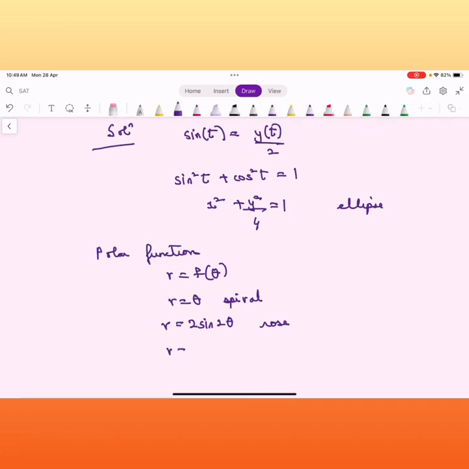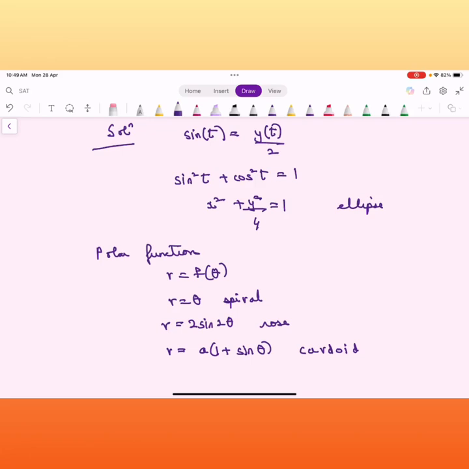If I say r equal to a into 1 plus sine theta, this will be the polar equation of a cardioid. These are used in college level mathematics and are also useful for your AP calculus exams.